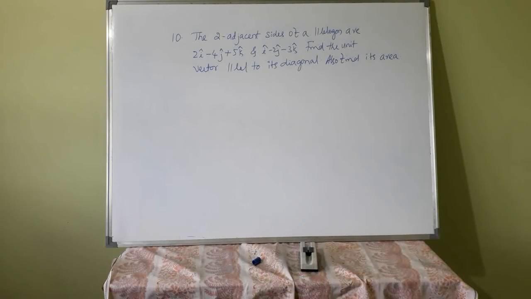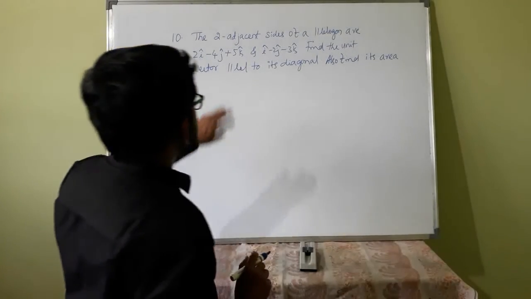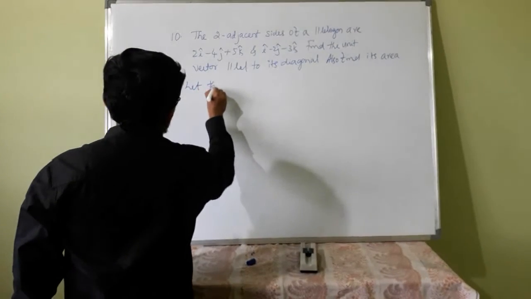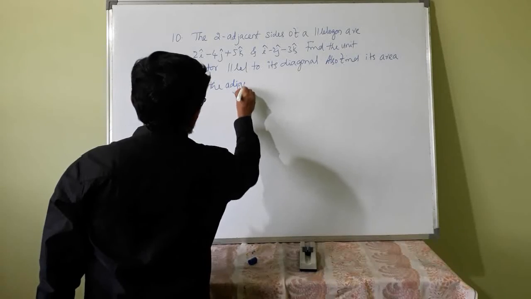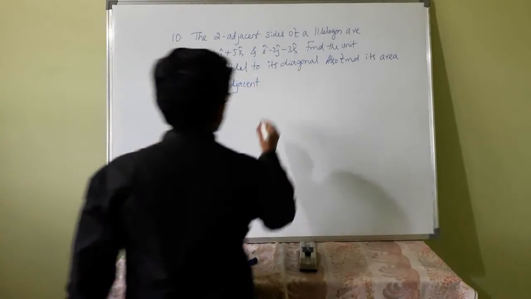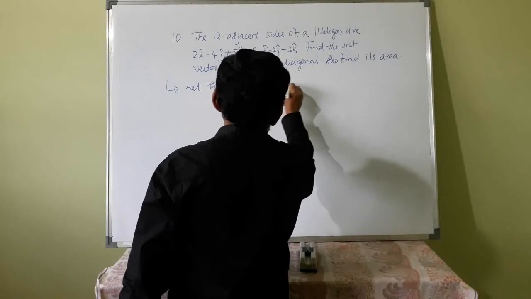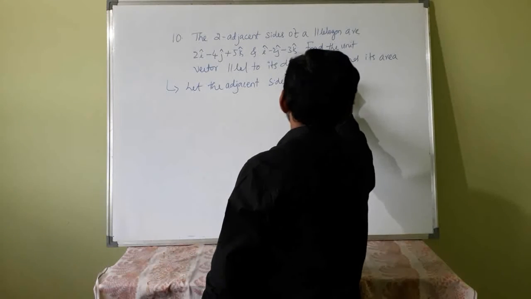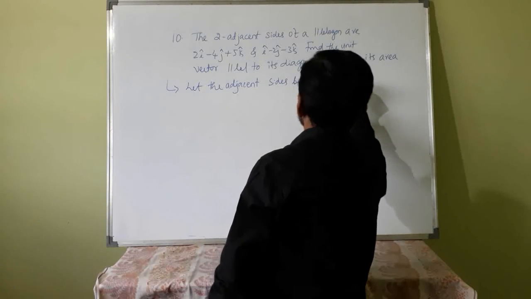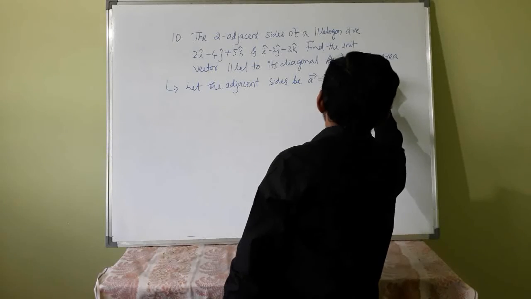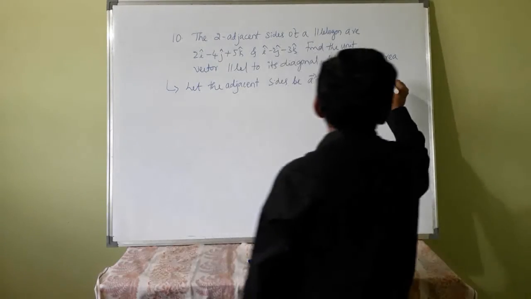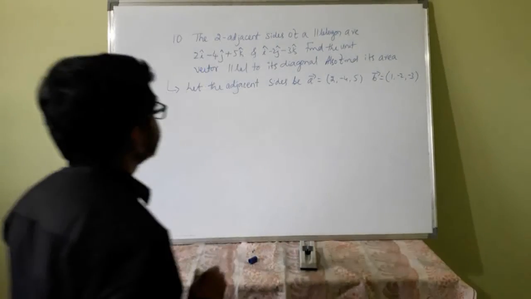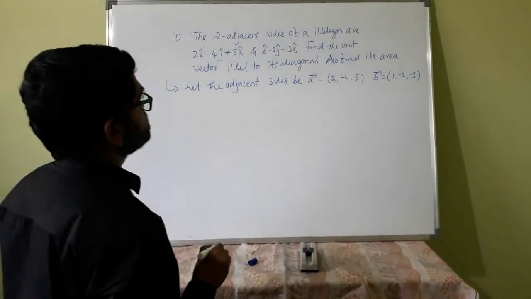Two adjacent sides of a parallelogram are these two. Let the adjacent sides be a equal to 2, minus 4 and 5, b equal to 1, minus 2 and minus 3. Find the unit vector parallel to its diagonal.